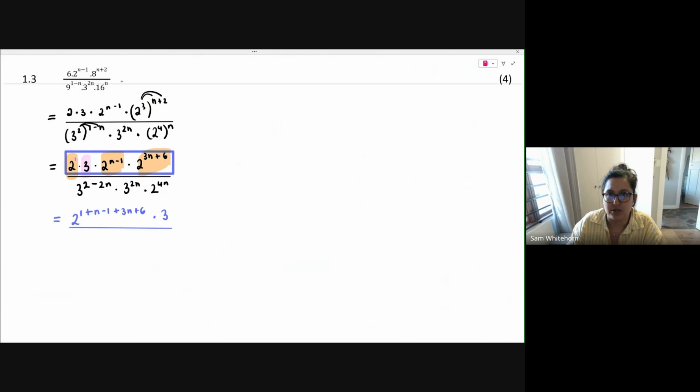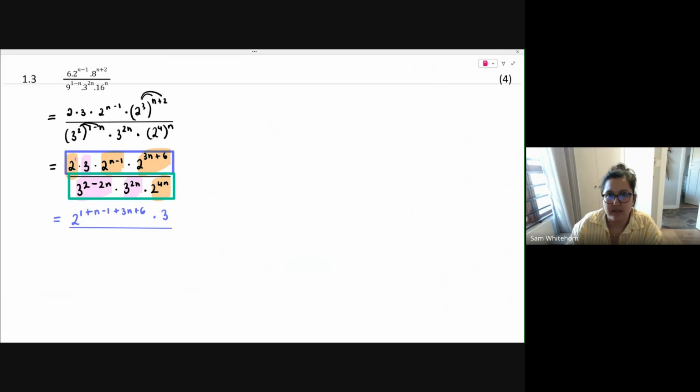Then I'm going to move to my denominator. I'm going to do exactly the same thing. I'm going to simplify, and identify what bases I'm working with. So I have 3 to the power 2n minus 2, 3 to the power 2n, and then I have that 2 to the power 4n.